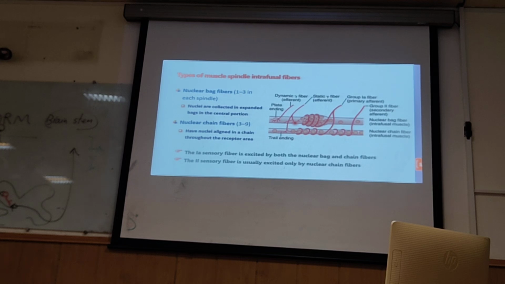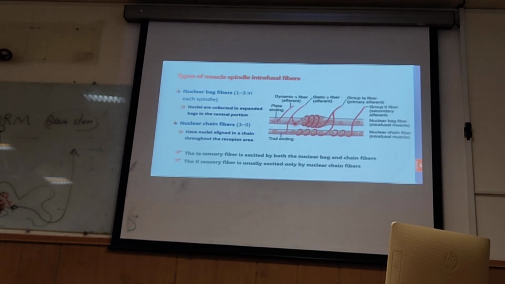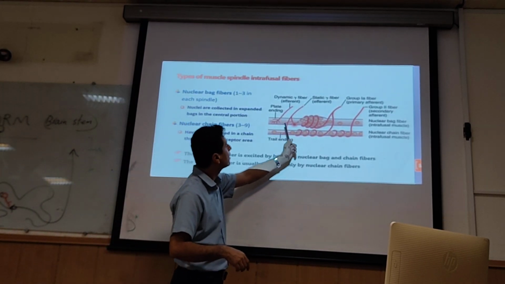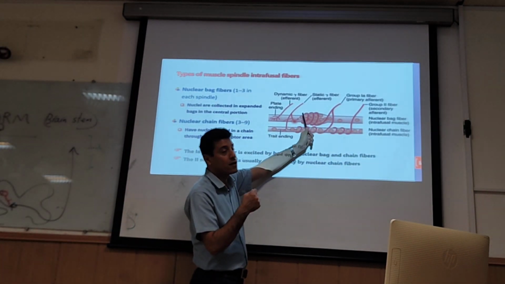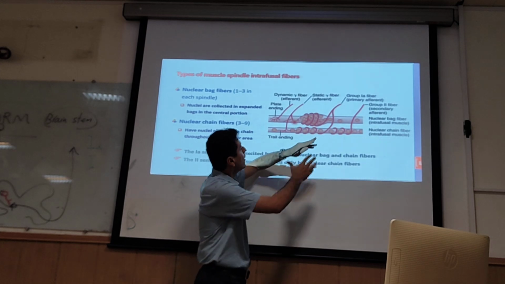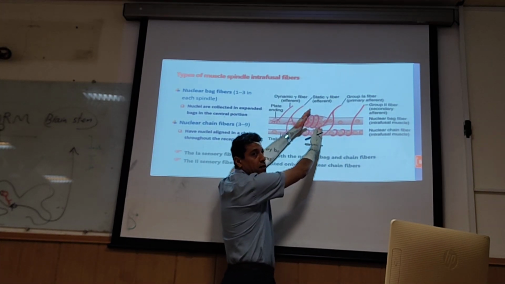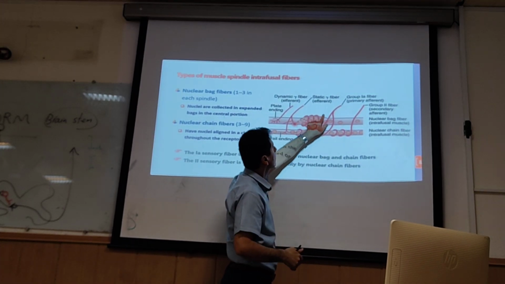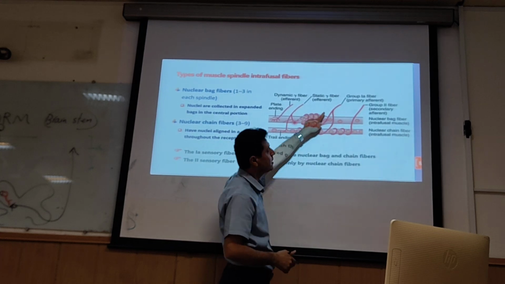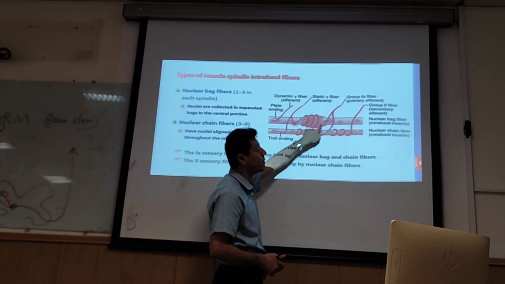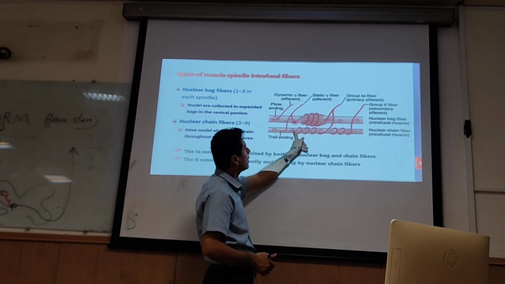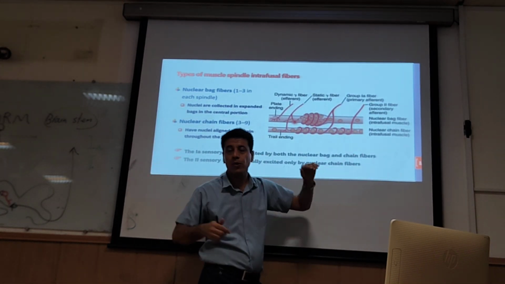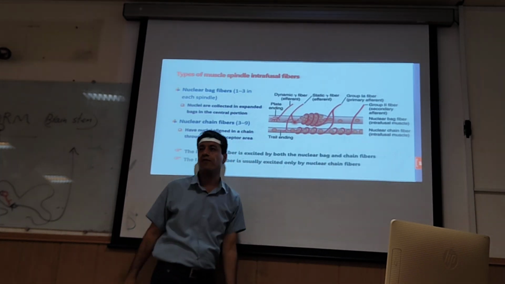Here you can see that the fiber has several nuclei. Nuclei are collected in the middle, so they generate a protrusion like a bag, so we call them bag fibers. In other types, we have nuclei in a row. We call them nuclear chain fibers.